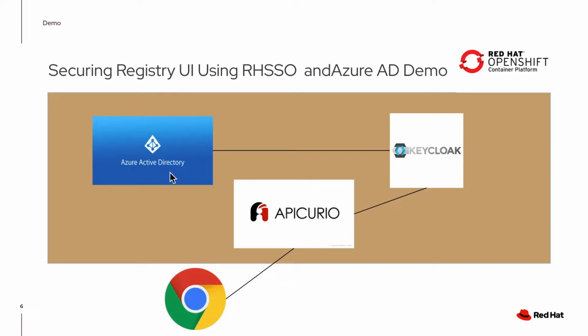Or you can use the Azure Active Directory to log in. If you do that, you get redirected to the Azure Active Directory login page. Once you input your credentials, you'll be redirected back to the Apicurio user interface.